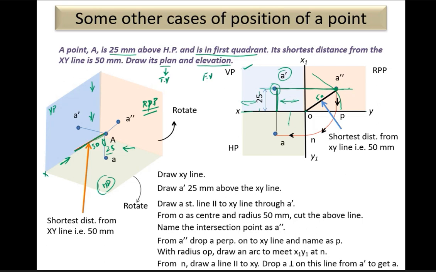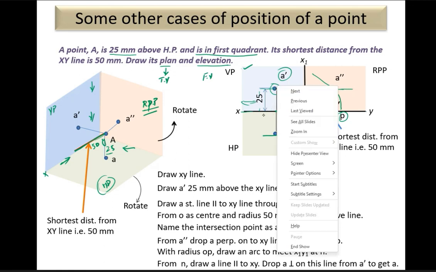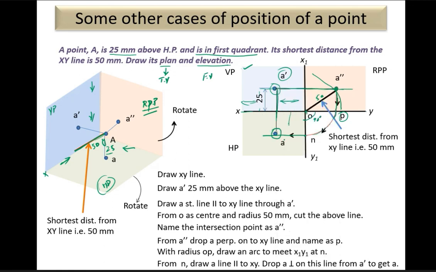Yes, sir. So we project it below, and again open the compass to make a radius of OP, whatever point we get over here, and mark a 90 degree arc so that it will cut this X1Y1 line. Again we project it parallel to XY, and wherever we started our initial drawing, we project it further to get our point A, and this is the plan.